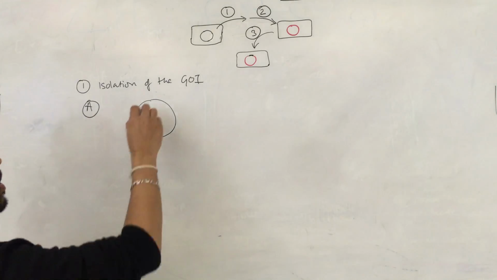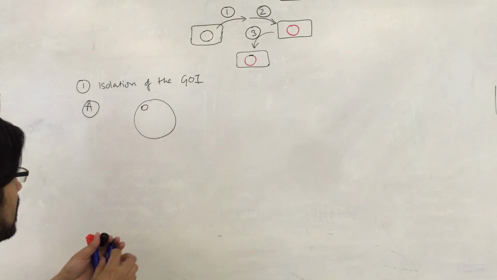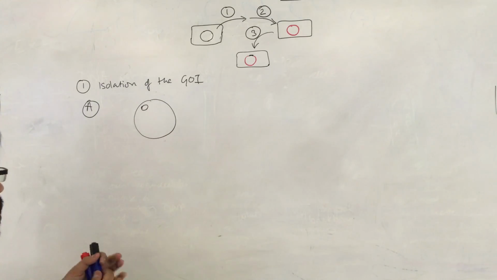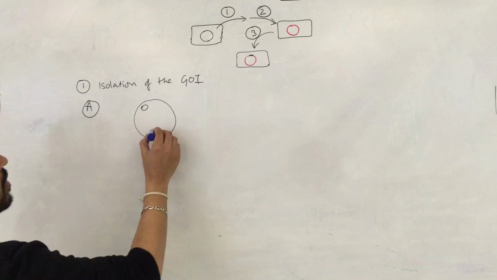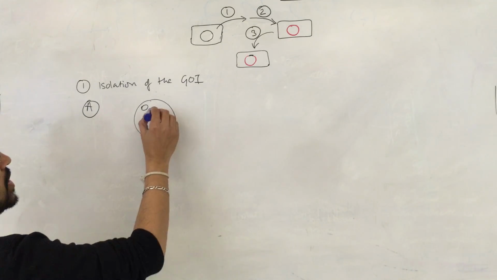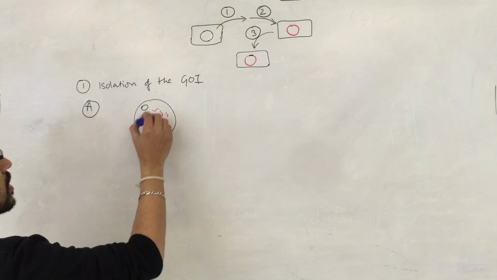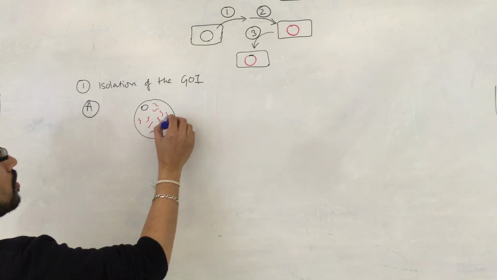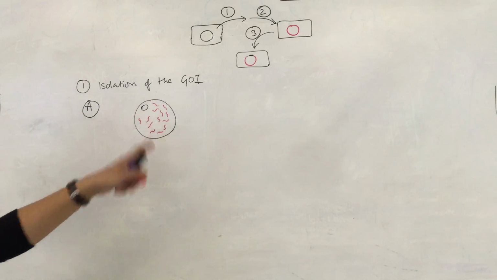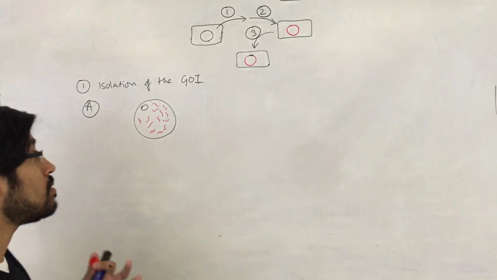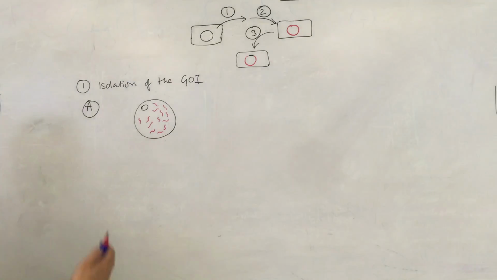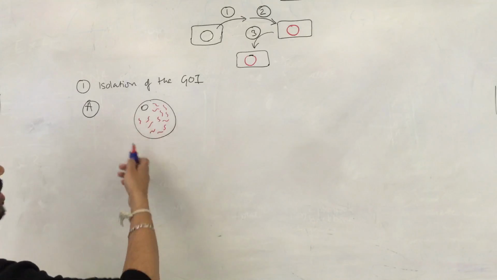So it's very likely that this cell has a lot of the mRNA of the gene that you're interested in. Okay, so for our purposes, these could all be mRNA of the insulin gene. So the mRNA is being transcribed.